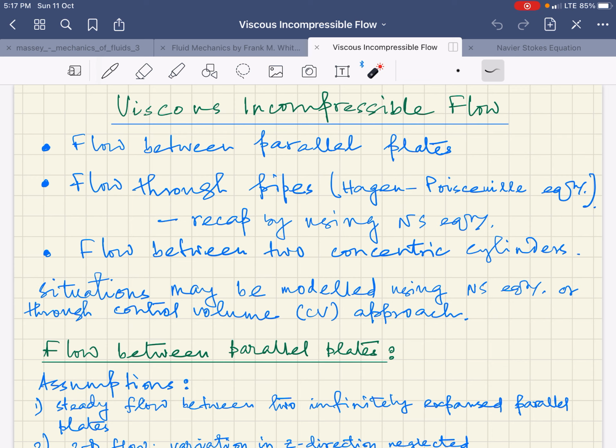So after that you had some exposure to pipe flow, in which you were again introduced to the effect of viscosity, and that is what you had as the Hagen-Poiseuille equation, that is the pipe flow equation, or flow through circular conduit.